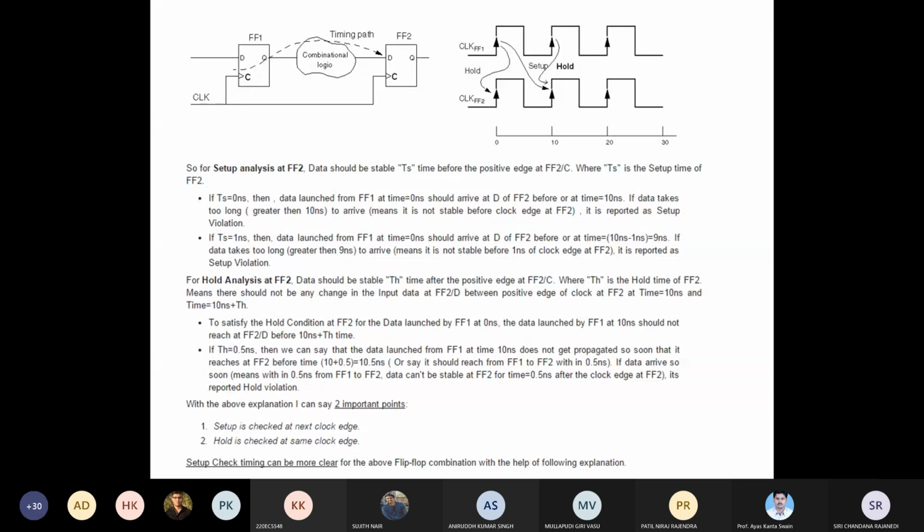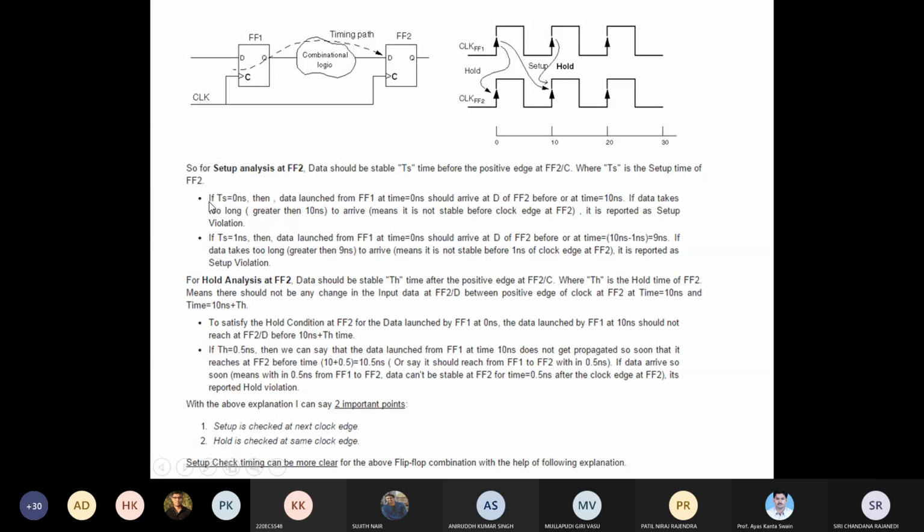That's what I have written, and I am just reading it out so that you will get clarified. If you are doing setup time analysis at FF2, the data should be stable TS time before the positive edge at FF2 clock, where TS is the setup time of FF2.